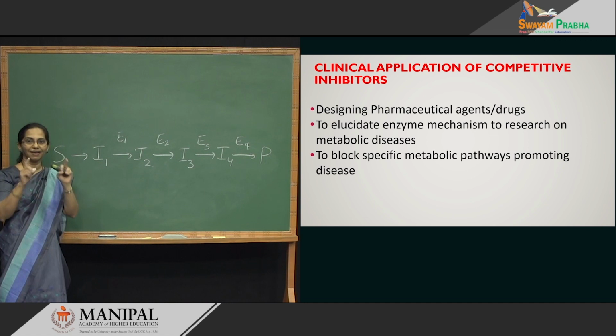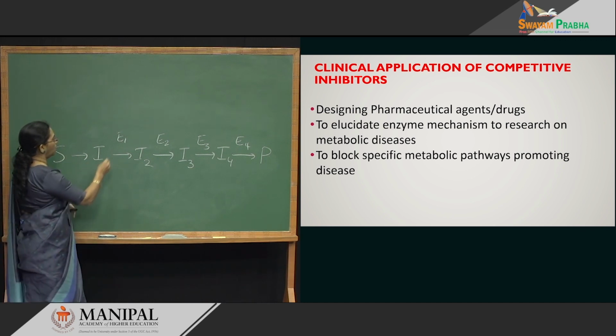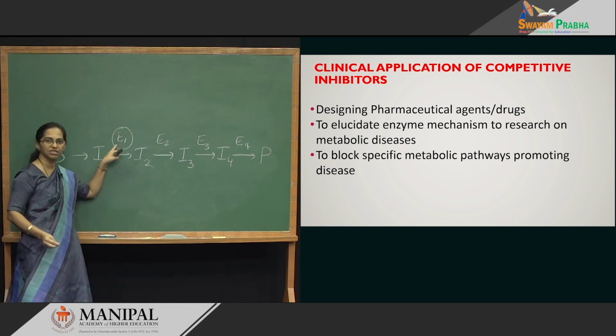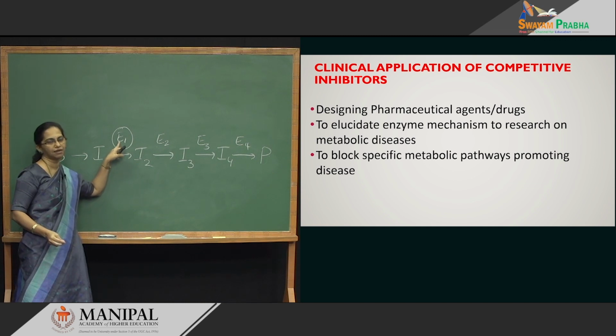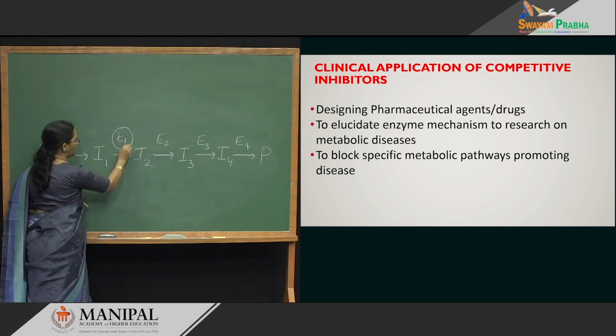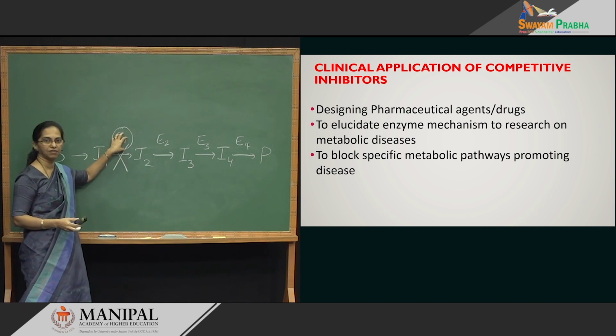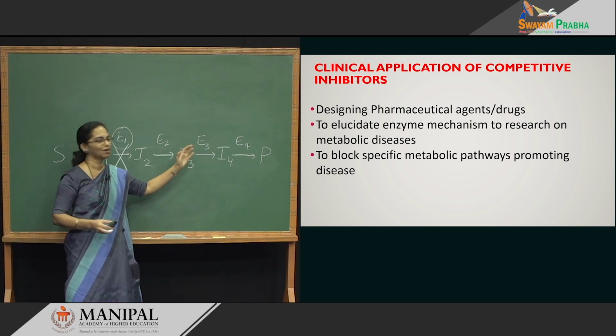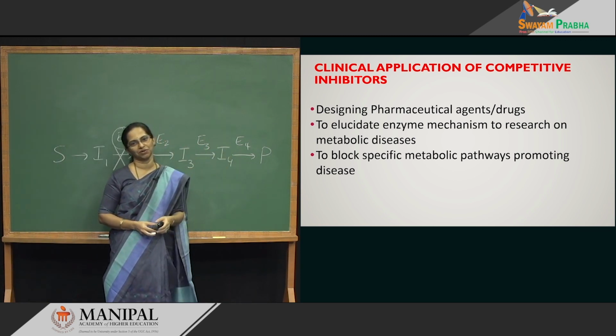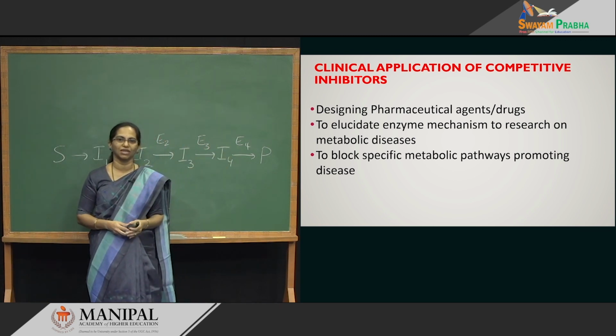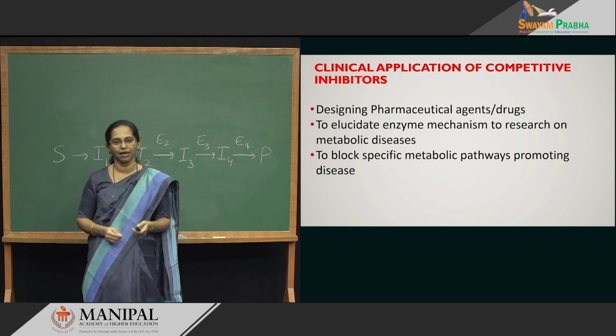You will design a drug that will block this enzyme. So, design a competitive inhibitor for this enzyme. So, what will happen? You will block this reaction. So, you made a competitive inhibitor, blocked it, pathway does not take place, your cholesterol will not be produced. So, this is what is known as blocking the metabolic pathway.